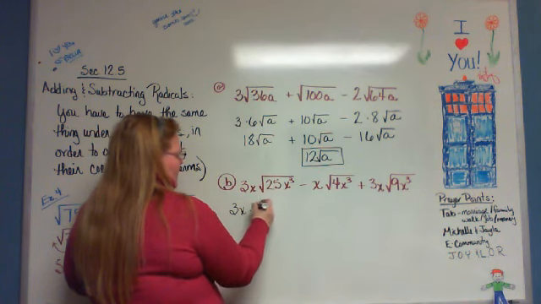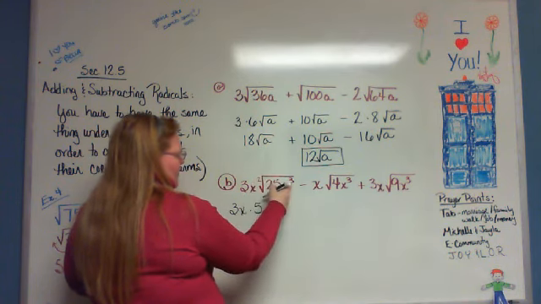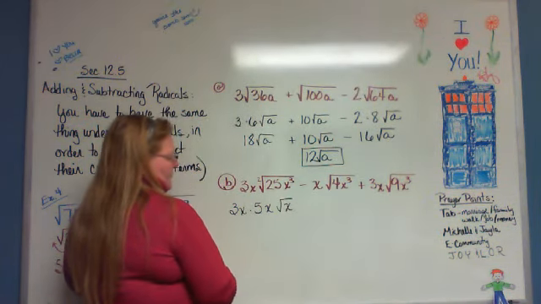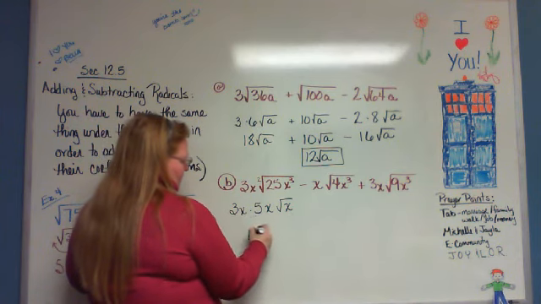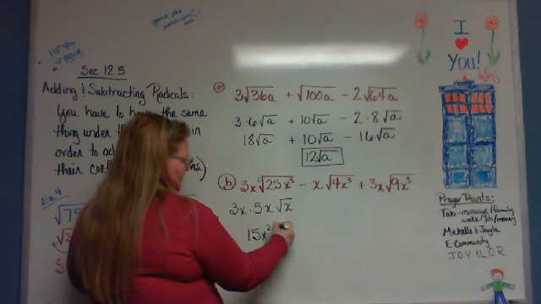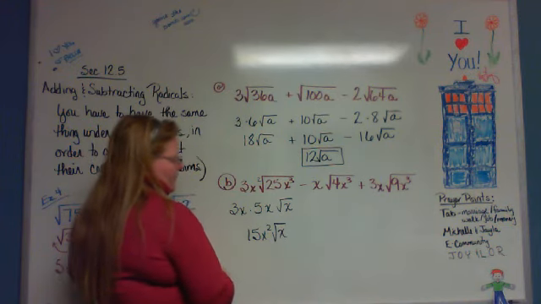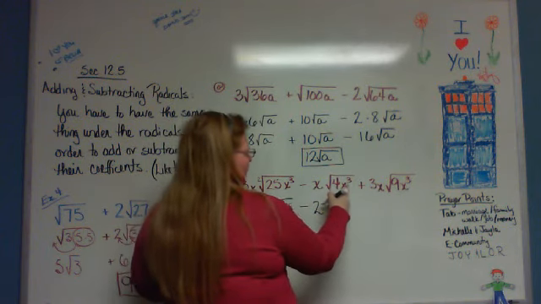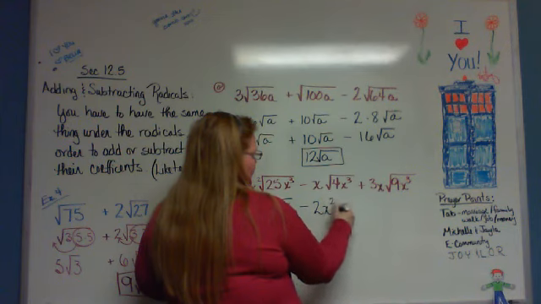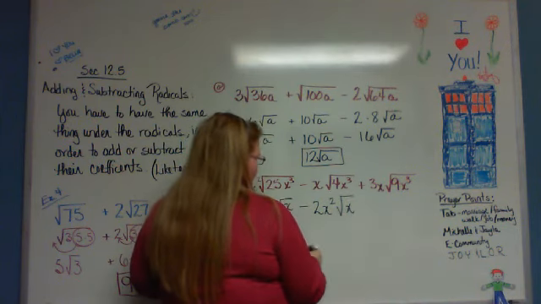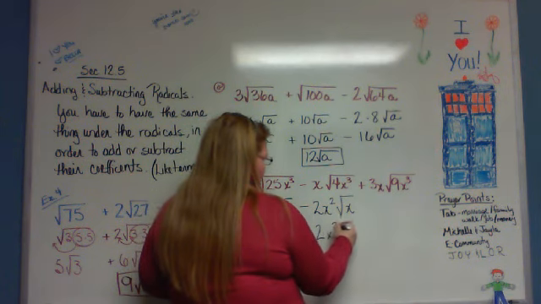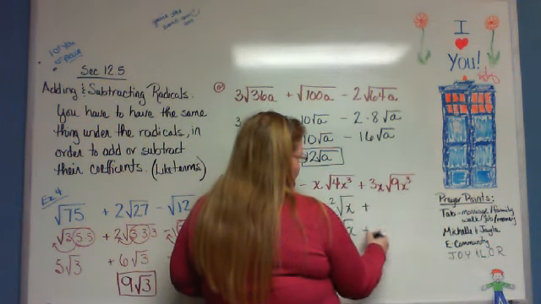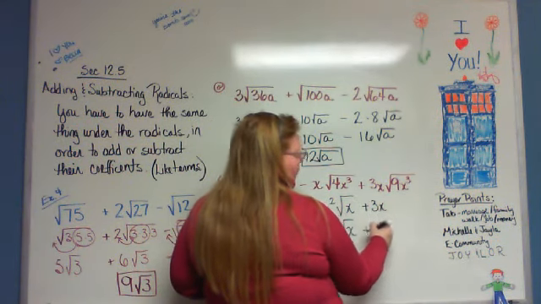So that's 3x times 5, and 2 goes into 3 another time, square root of x, which on the outside leaves me with 15x squared square roots of x, minus, the 4 can come out as a 2, take an x out of there, which leaves me with 2 x's on the outside and 1 x on the inside, plus, I have 3x already on the outside.